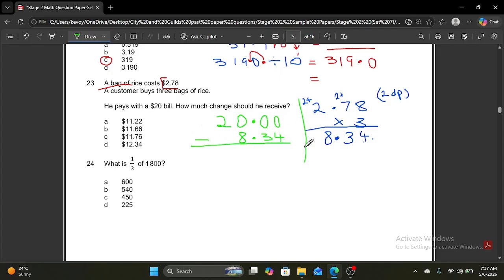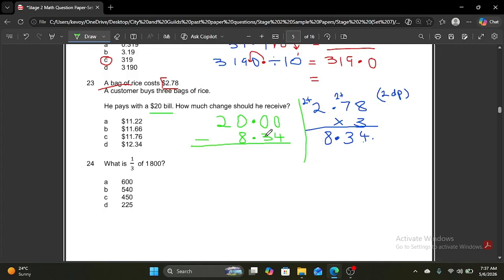So I just set up the problem. We multiply 3 times the 2.78, and we got 8.34, and then all we're going to do now is subtract, because that's the amount for the 3 bags of rice. So he paid with a $20 bill. So we're just going to subtract the 8.34 from the $20, and we'll get our answer afterwards.